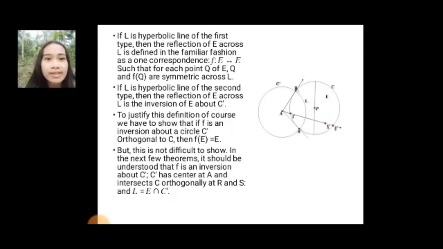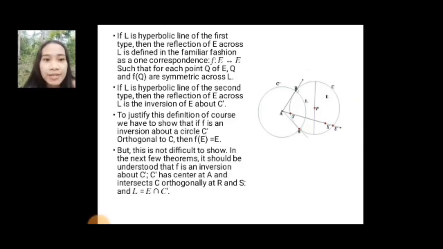So if L is a hyperbolic line of the first type, then the reflection of E across L is defined in the familiar fashion as a one-to-one correspondence of E onto E, such that for each point Q of E, Q and its image are symmetric across L. If L is a hyperbolic line of the second type, then the reflection of E across L is the inversion of E about C prime.